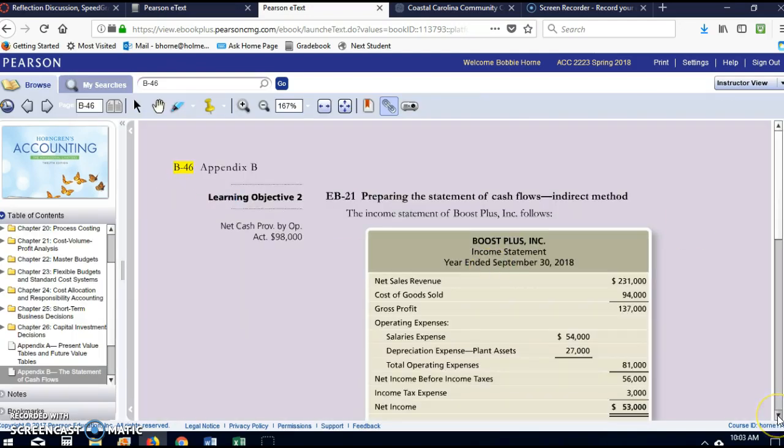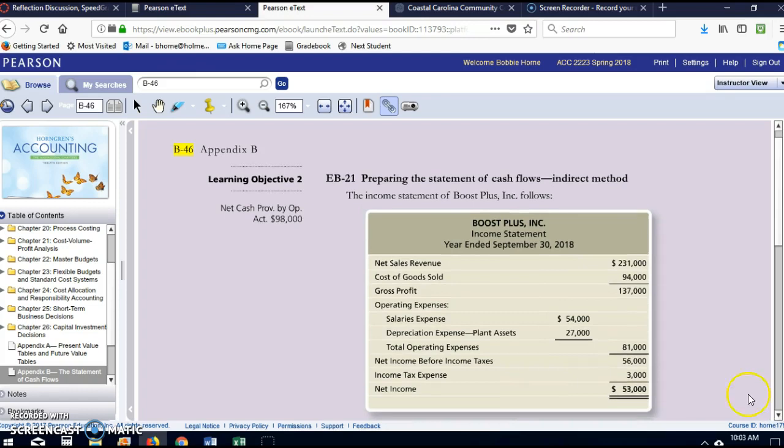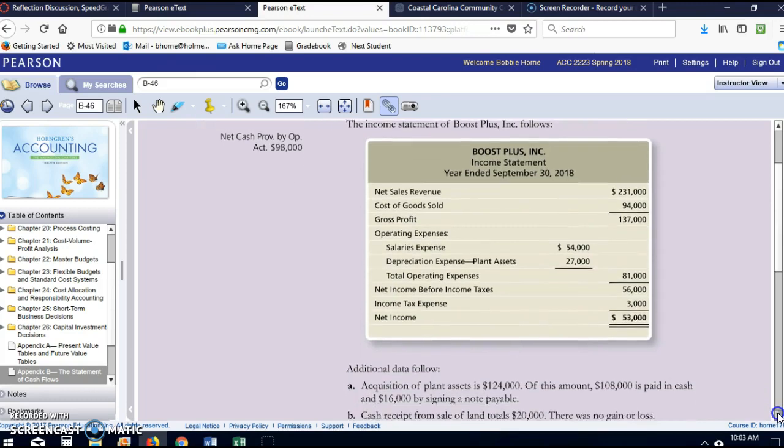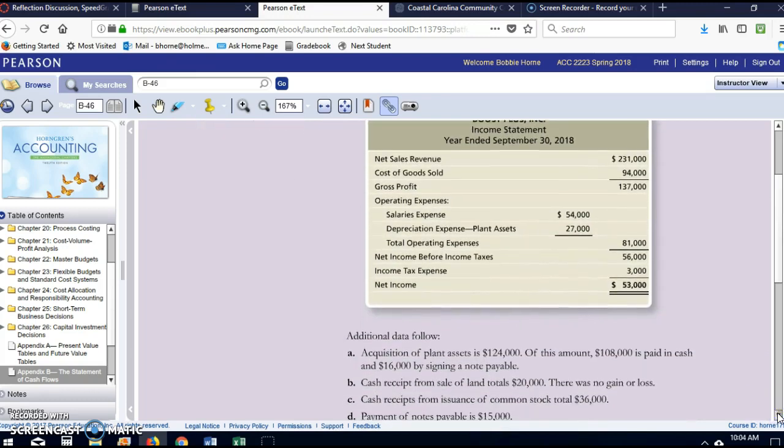Okay, so here is the income statement. As you can see, net income is $53,000, and there's really one more thing on here that we need to look at, and that is depreciation expense, which is $27,000. We will need to know that, for that is a non-cash expense.